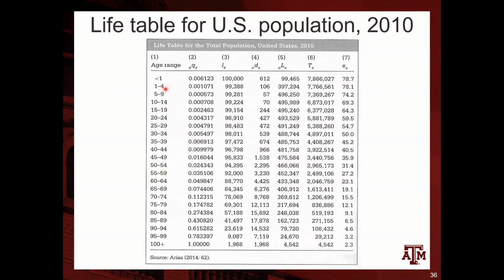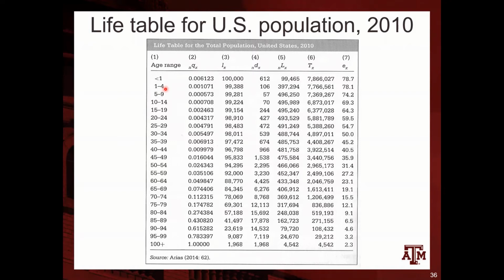If I have one child that is alive at age 1 and survives all throughout that age group and survives up to age 4 and goes to the next age group, that person lived 4 person years.